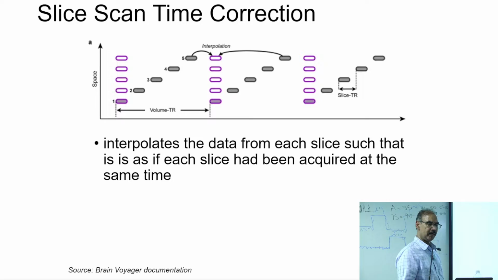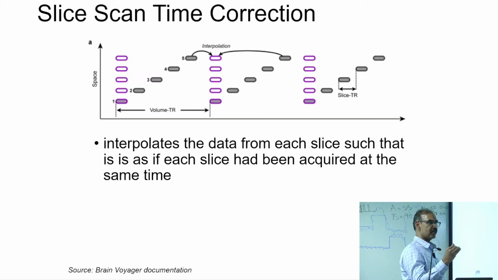The way it works is that slice scan time correction interpolates the data from each slice such that it is as if each slice has been acquired at the same time. It takes the first slice as the reference.